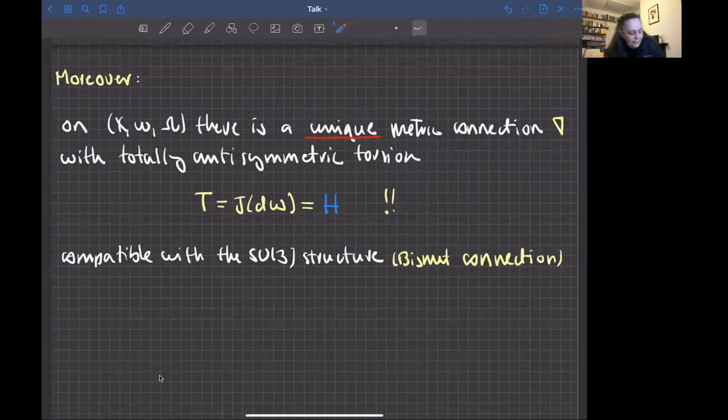And if one computes it, what you find is that this is basically the d of omega, the exterior derivative on the Hermitian form, and acting with J, the complex structure, on this 3 form. And this unique connection with totally antisymmetric torsion, compatible with the SU3 structure, is known as the Bismut connection in the mathematics literature.